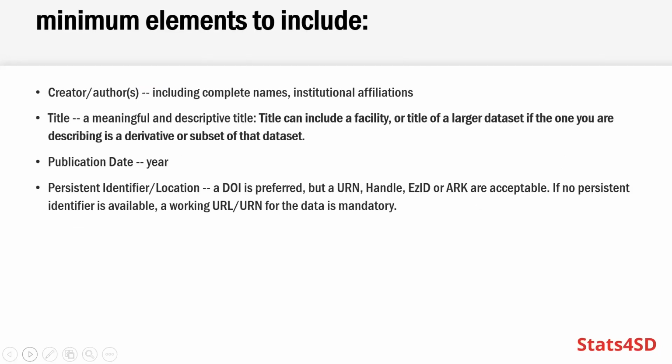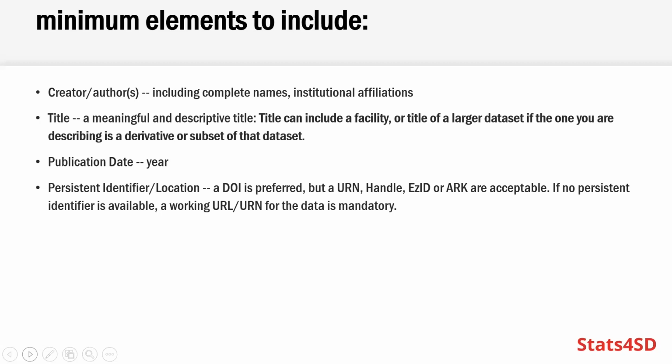So the minimum elements that are commonly included, at least we should have a creator or the author. So here we have the complete names, then institutional affiliations of those who created that data or that resource.